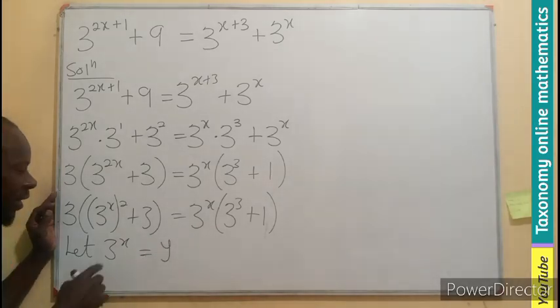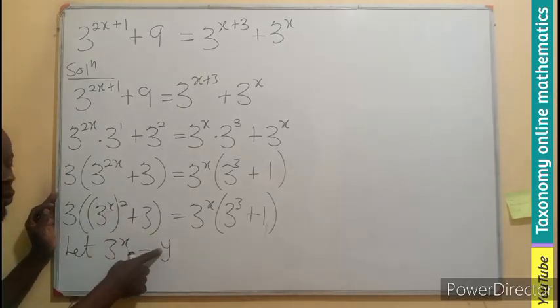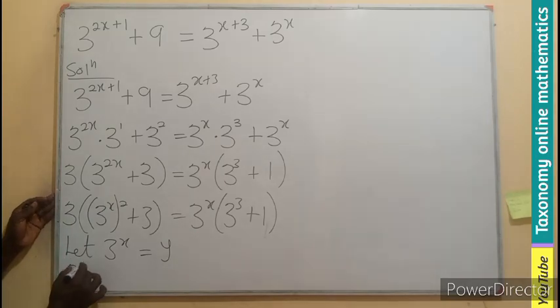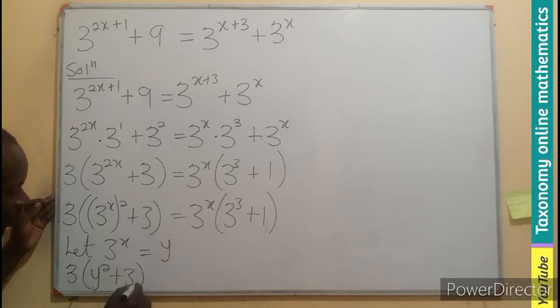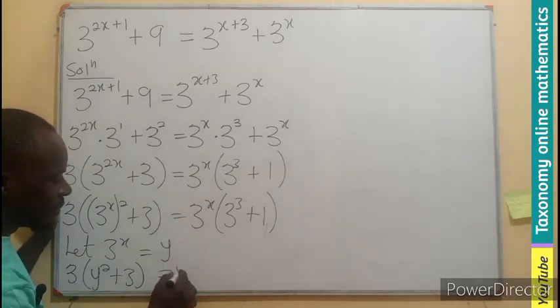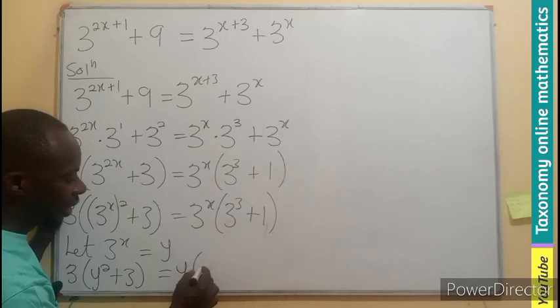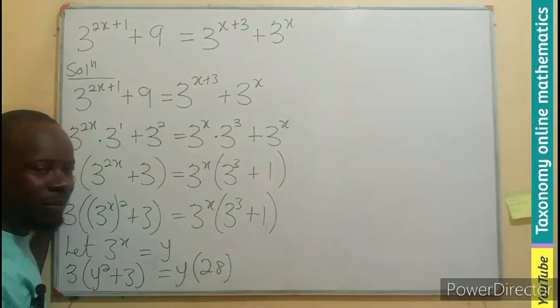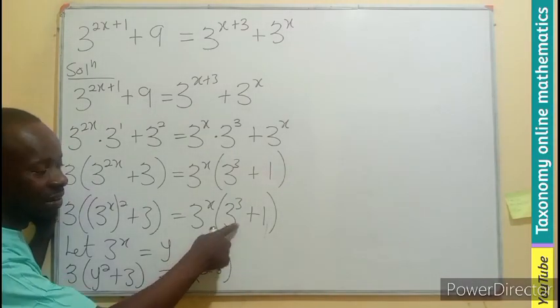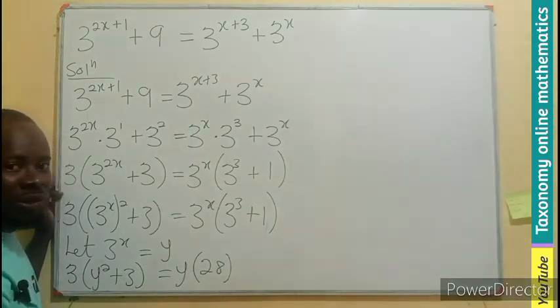We are replacing the 3 exponent x with y. And that will give us 3 into bracket y, but there's a square. Then plus 3 equals, here becomes y into bracket 28. You see that this is 27 plus 1, that will give us 28.